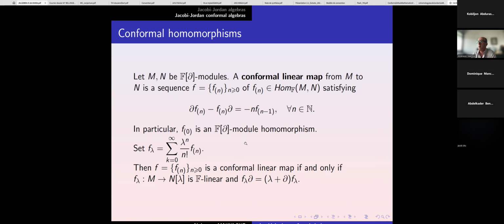Then in particular, F_0 is an F[partial D] module homomorphism. Now we set F lambda to be this sum. Then F defined by this F_n is a conformal linear map if and only if this F lambda is an F-linear map and we have this condition.